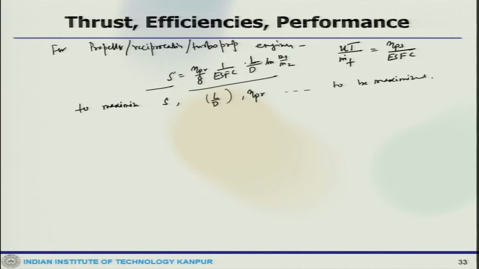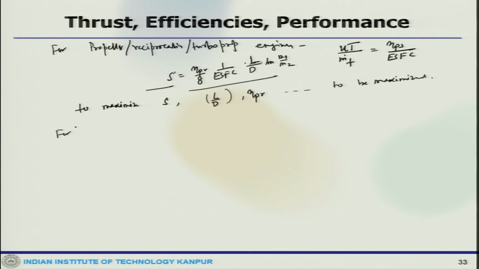Now, typically the airlines normally follow the Breguet relation.